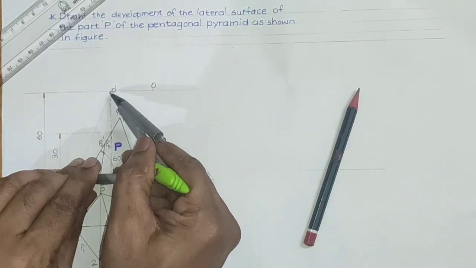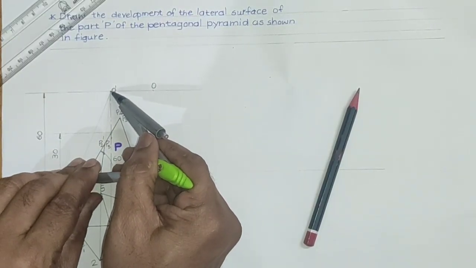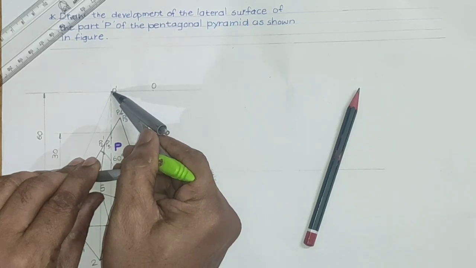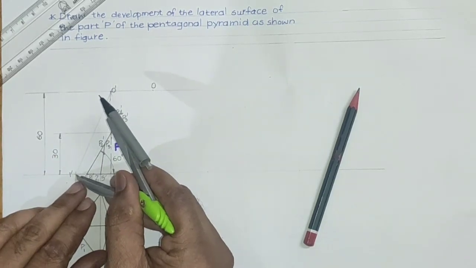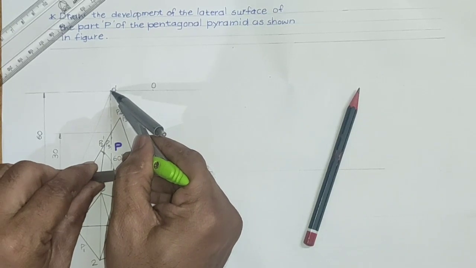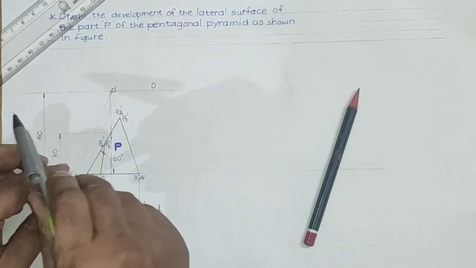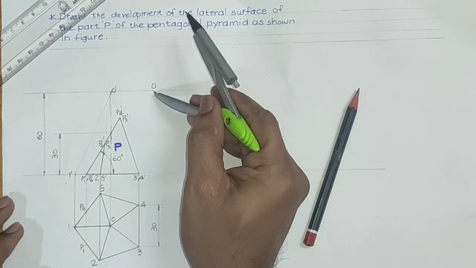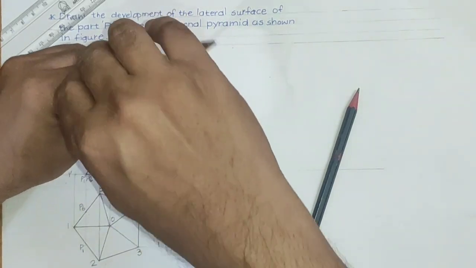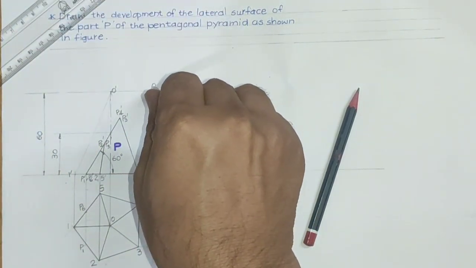Now let's take radius equal to true length of slant edge in compass. Mark a point.